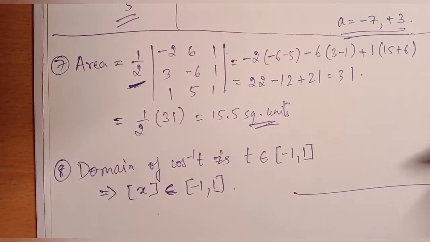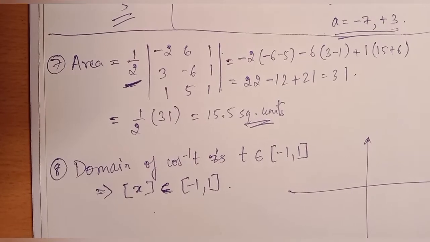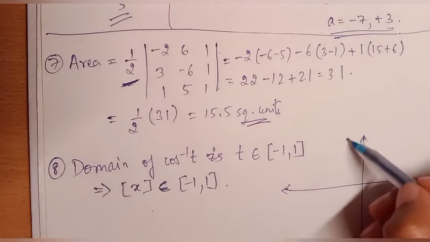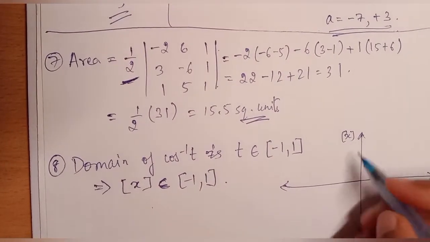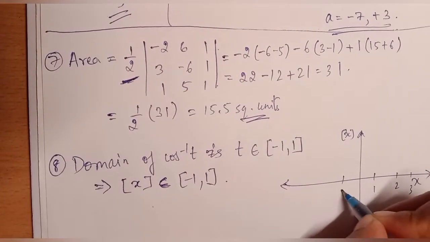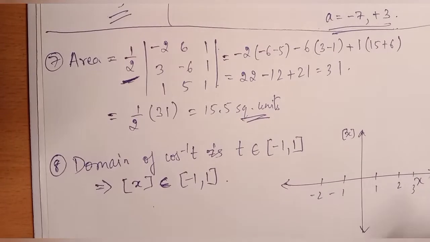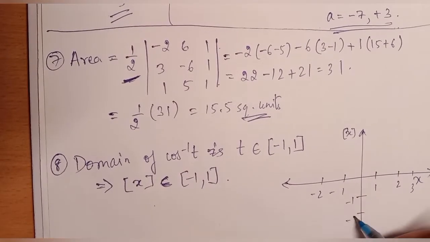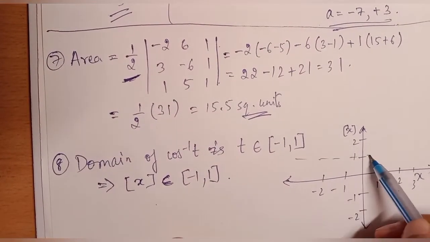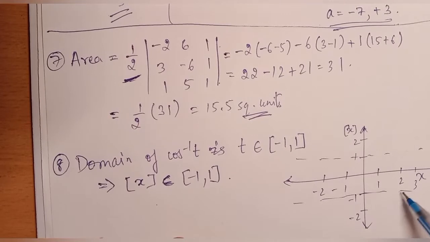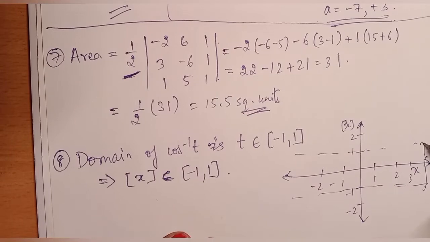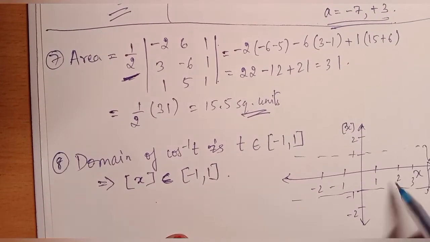So let's draw the graph now. Our domain is between minus 1 to 1.